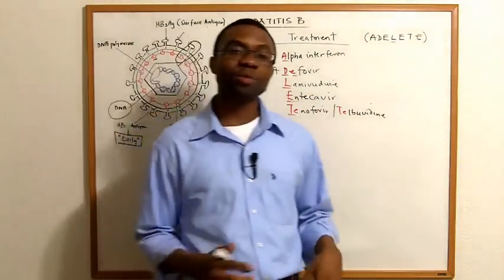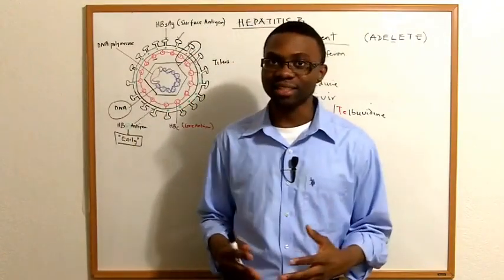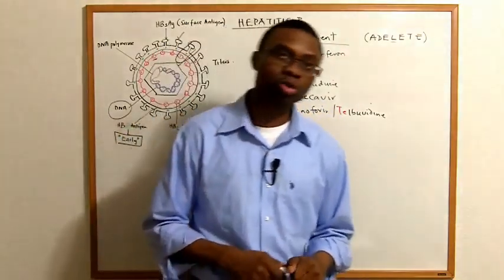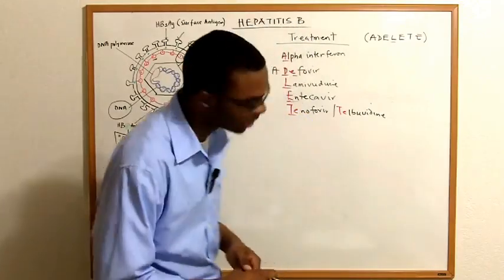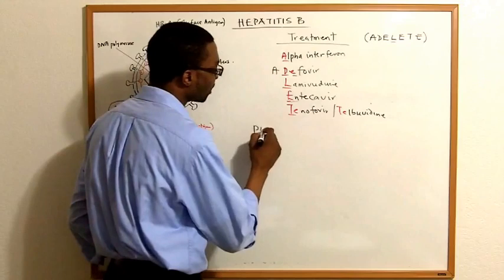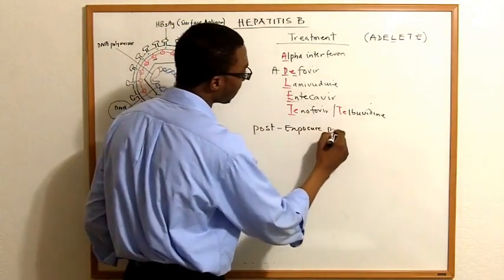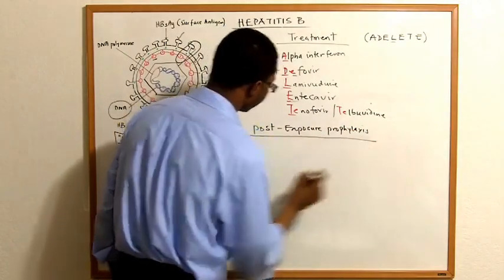Now, because this is an asymptomatic, silent disease, it's very important that if somebody gets exposed to the virus, either through blood products, and they get tested, they need to get post-exposure prophylaxis. And what do you give?